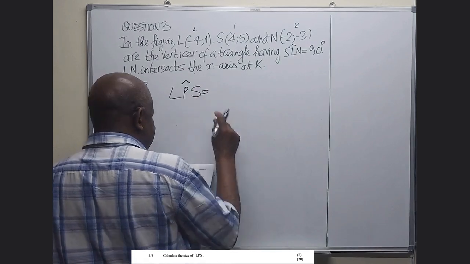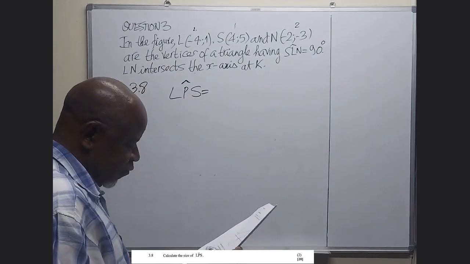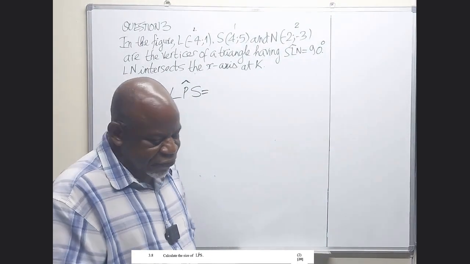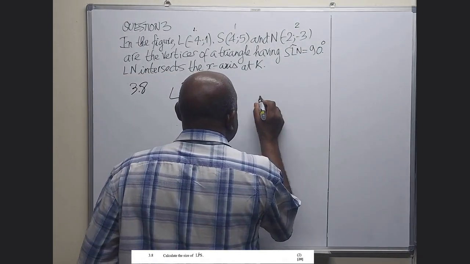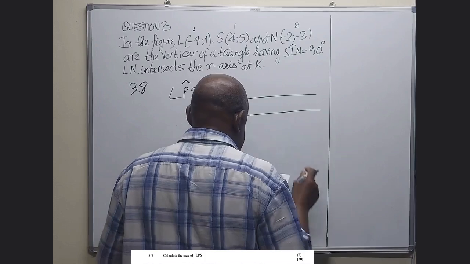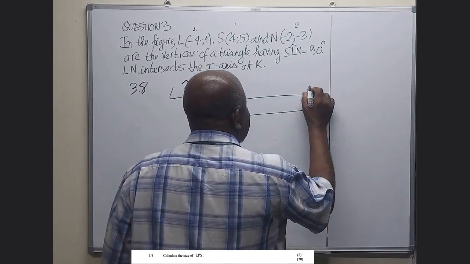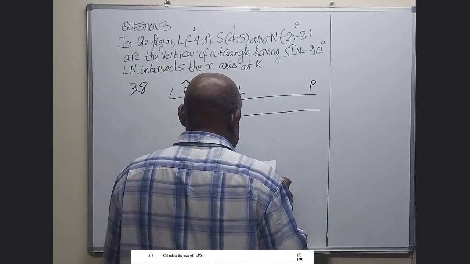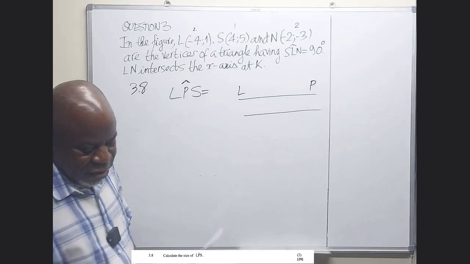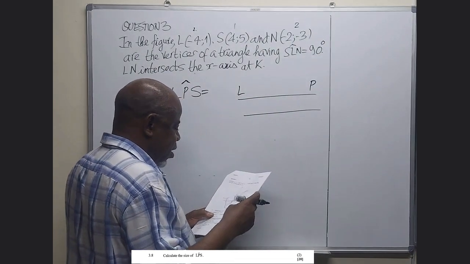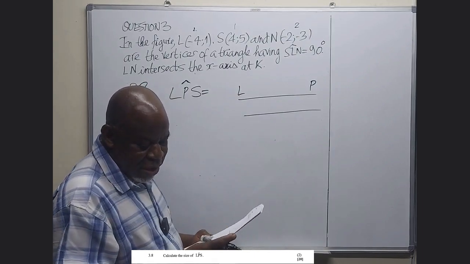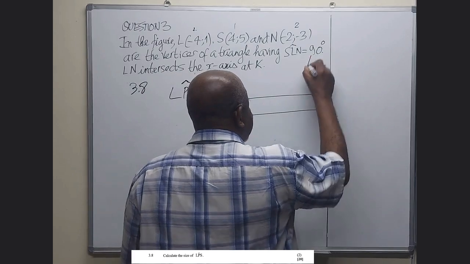Angle LPS. Now, if we watch our diagram very well, you will see that we have two lines which are going to be parallel: line LP and the x-axis. And we have the line SN here.